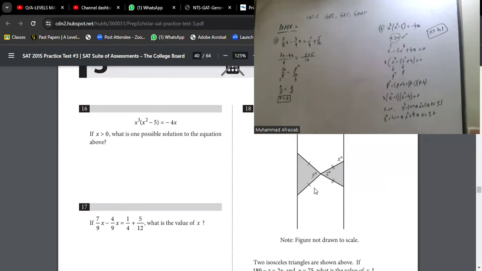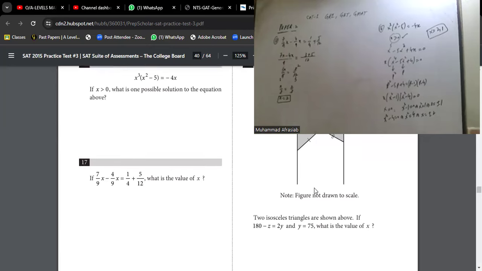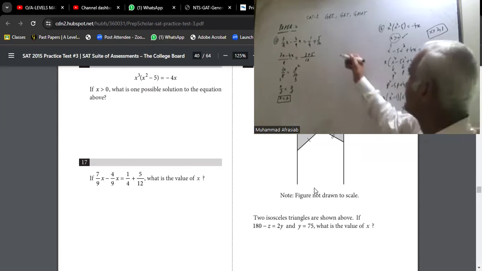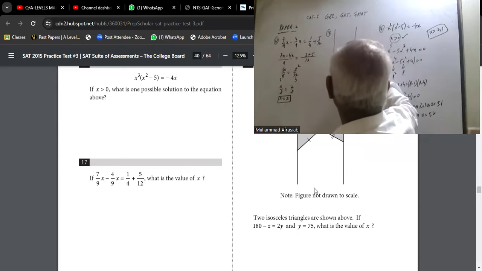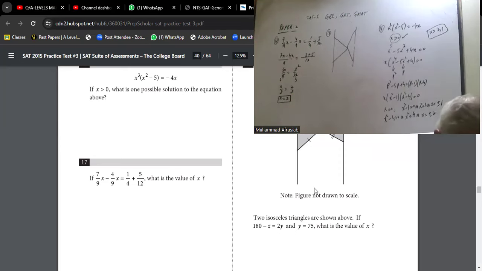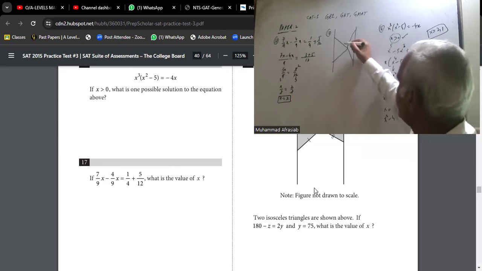Question number 18 now. This is the graph shown. This is y there.